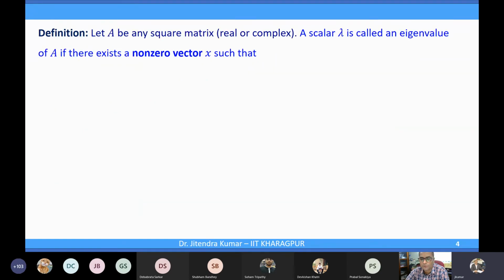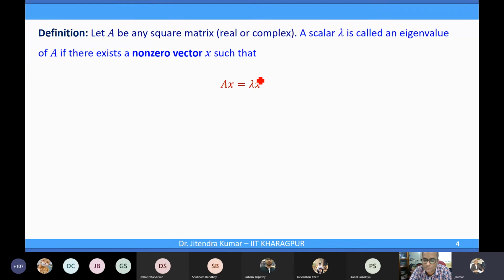So the definition of eigenvectors and eigenvalues: let A be any square matrix. It can be real, or the numbers in this matrix can be complex. A scalar lambda is called an eigenvalue of A if there exists a non-zero vector x, that is also important, a non-zero vector x, such that Ax is equal to lambda x.